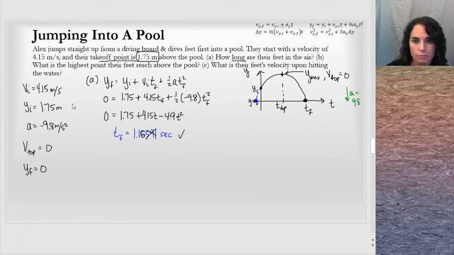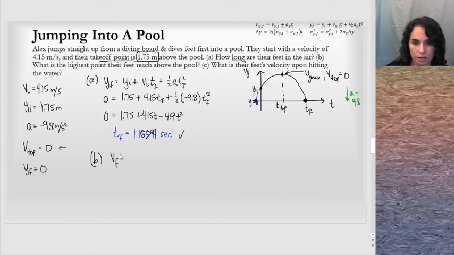Another thing that I can use at the top is the fact that the velocity is 0 up there. V final is 0. So when I'm looking at the equations, V final is here. It includes the displacement, and it doesn't have the time. I don't care about the time. I'm just asked for how far it goes up, and I know the final velocity.